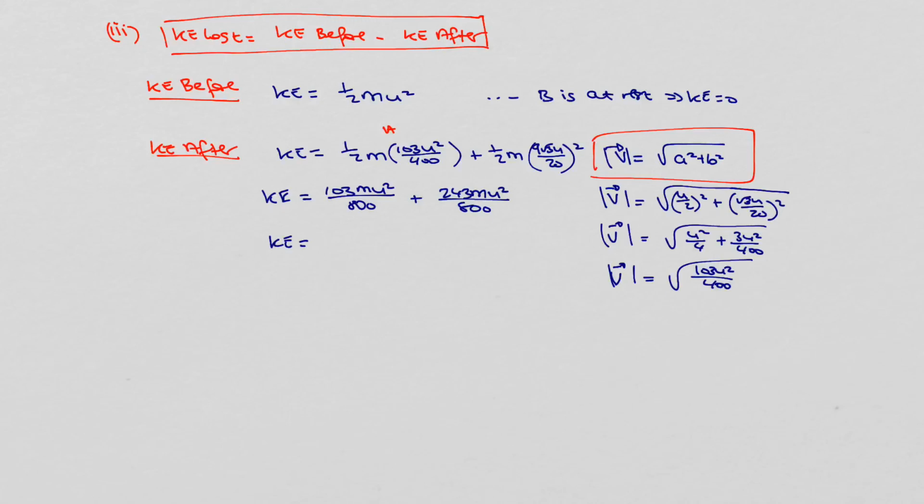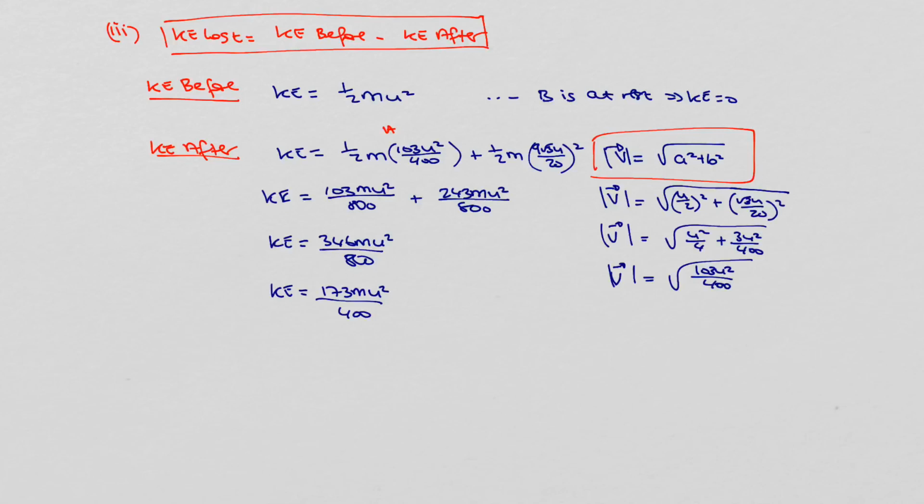Combining those two, we end up with 346 mu squared over 800, which can be simplified down to 173 mu squared all over 400. So that's our kinetic energy after.